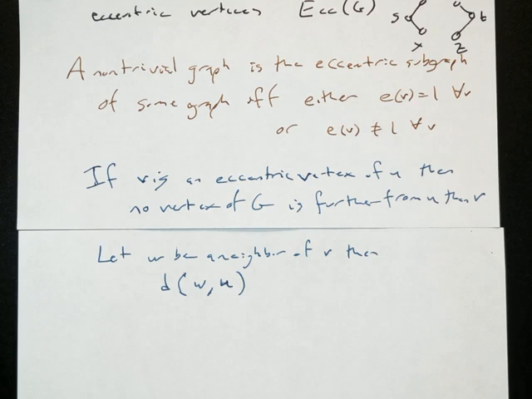It's got to be closer, right? I took one step away from V. I can't go further away. No vertex of G is further from U than V.